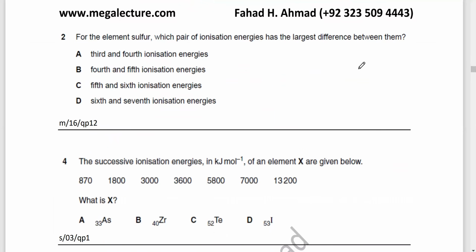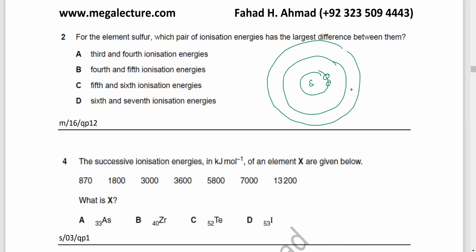The next part is for the element sulfur: which pair of ionization energies has the largest difference between them? This is sulfur, it's 2, 8 and 6. Can anyone answer? Between which two ionizations? C. How many electrons does sulfur have in its outer shell? 6, right?